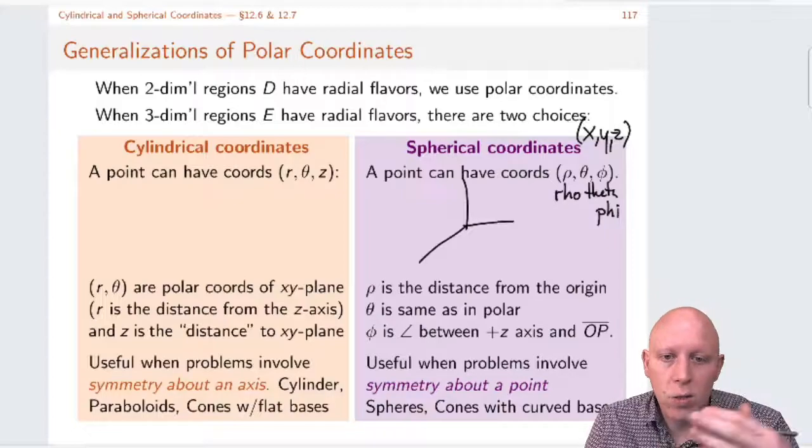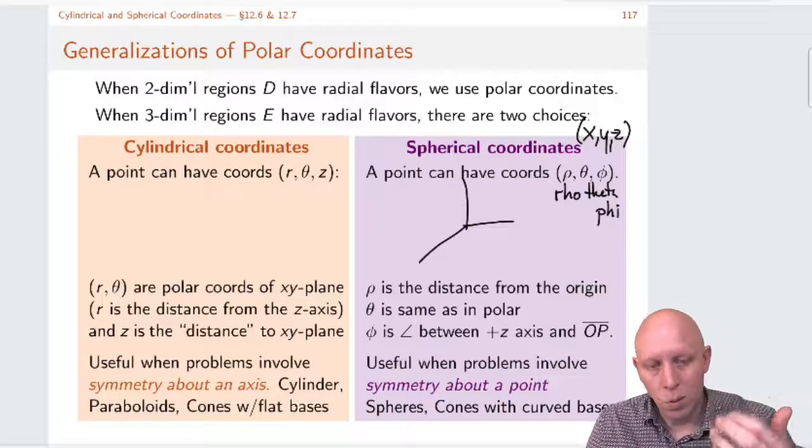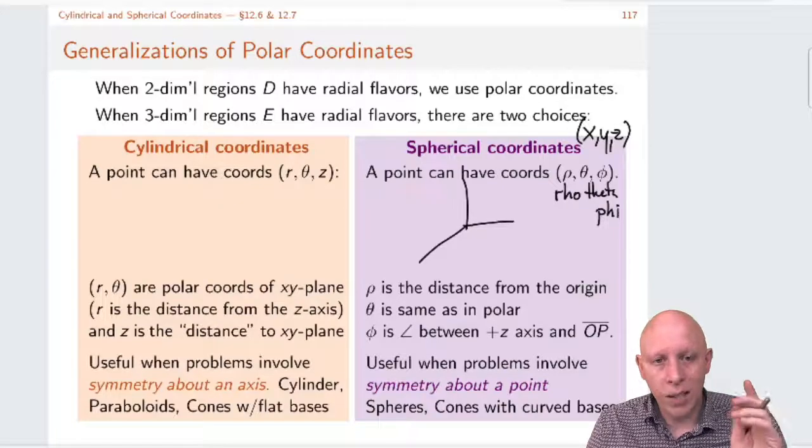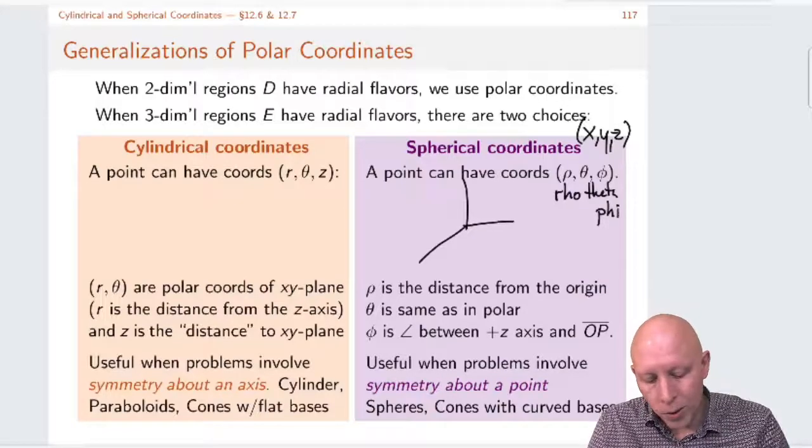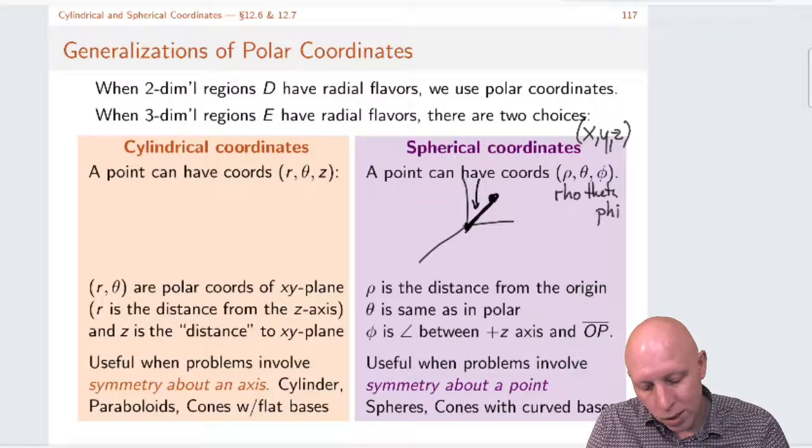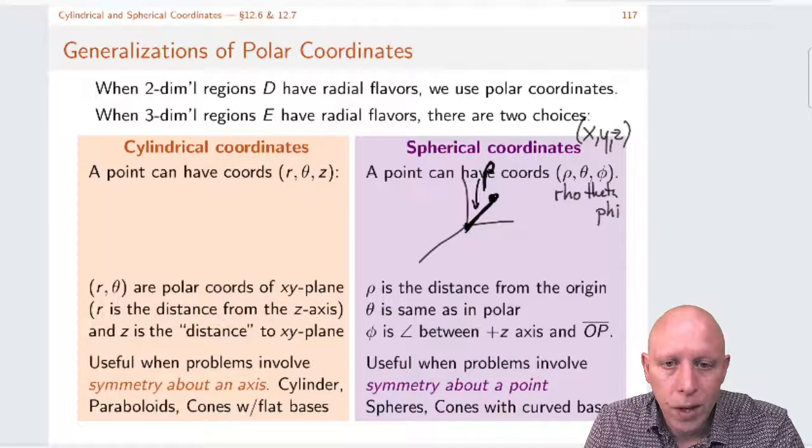And these three numbers will also specify a point in our three-dimensional space. So if we have our point up here, it's some distance from the origin, and that's going to be our distance rho, the distance from the origin.